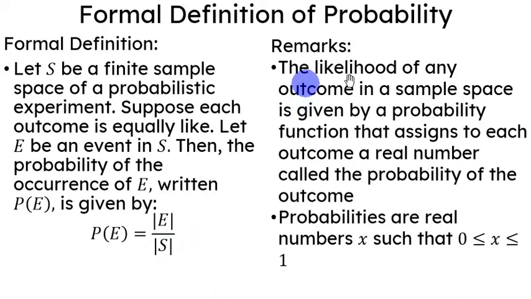Now, the likelihood of any outcome in a sample space is given by that probability function. It is described as a function, that's why it's written like this, that assigns to each outcome a real number. So this will come out as a real number, and that's what we call the probability of that specific outcome. These real numbers are between 0 and 1. Most of the time, they are fractions, decimals, or percentages.